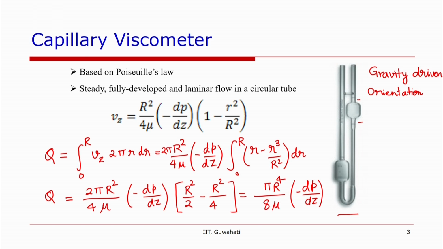So you might notice that R is a property of the capillary, and this will remain fixed for a given capillary tube. dP by dz in our case is equal to rho g.